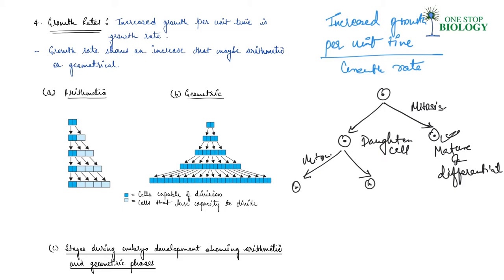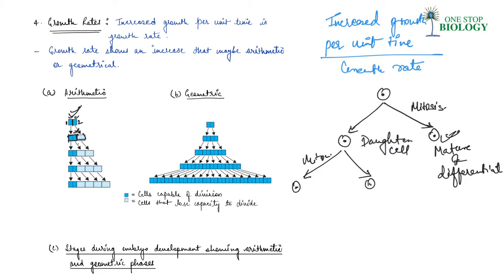So here, in arithmetic growth, there are two cells, this is one, this is two. You can see a division here. One cell will just differentiate and mature, and the other cell will keep on dividing. So this cell divided into two.